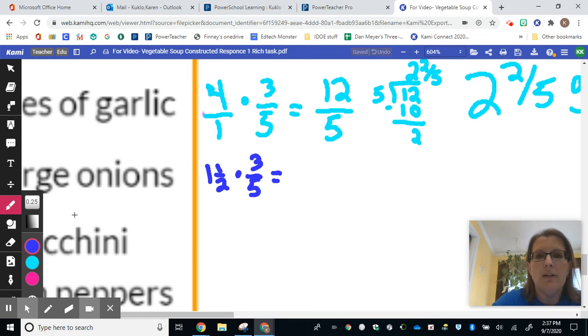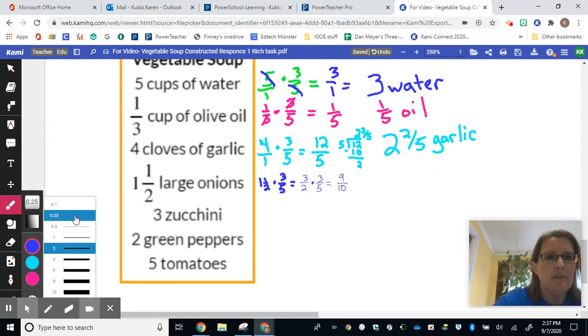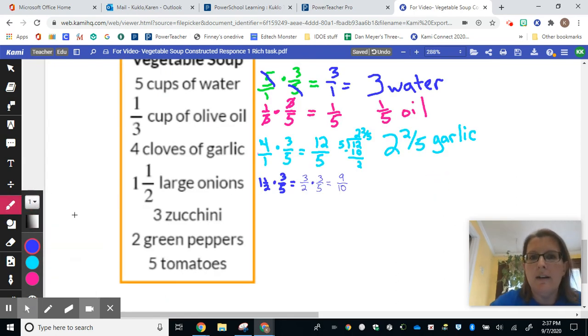I do 2 times 1 is 2, plus 1 is 3. So I have 3/2 times 3/5, my scale factor. There is nothing I can cross simplify, so I multiply 3 times 3 is 9, and 2 times 5 is 10, and that is not an improper fraction. So I know that I will need 9/10 of a large onion.